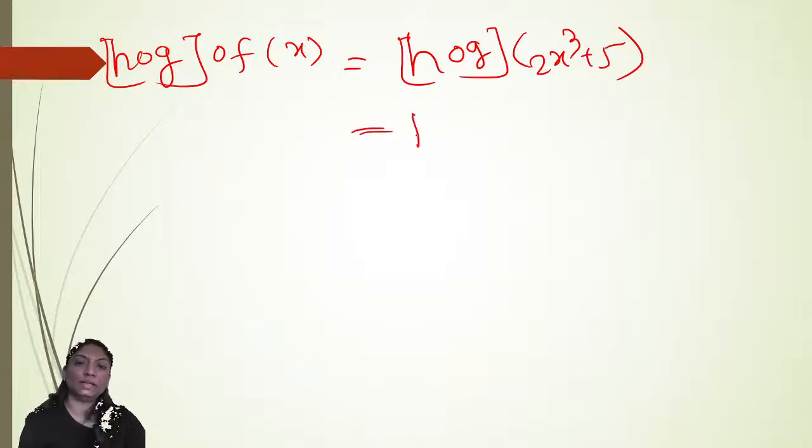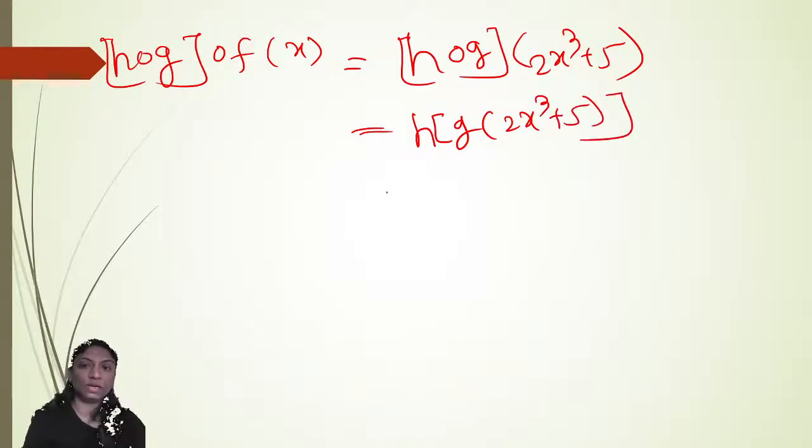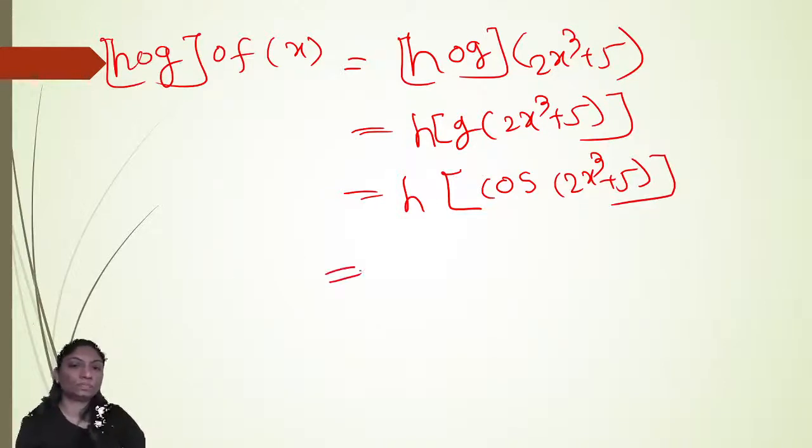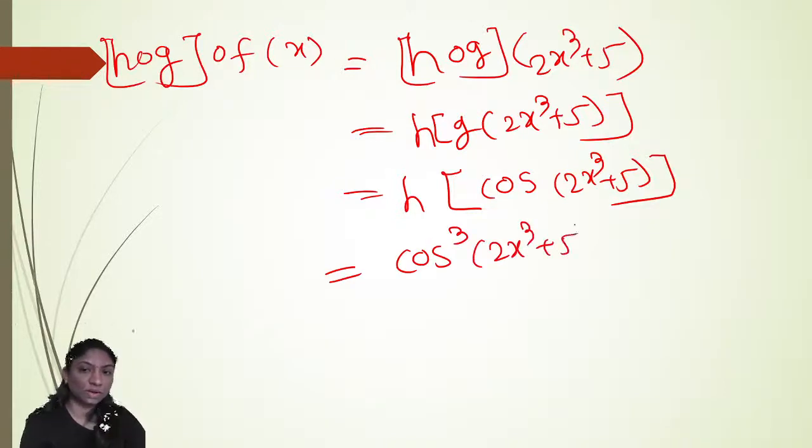And then here is h of g of 2x cube plus 5. But g of x is cos x. So you will get cos of 2x cube plus 5. So here h of x means cos cube of 2x cube plus 5 minus 1. Now this is your equation number 2.